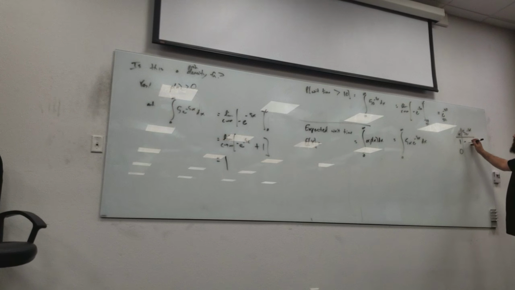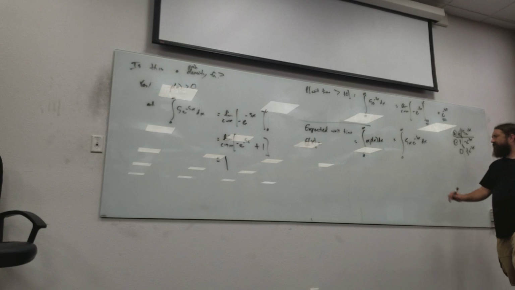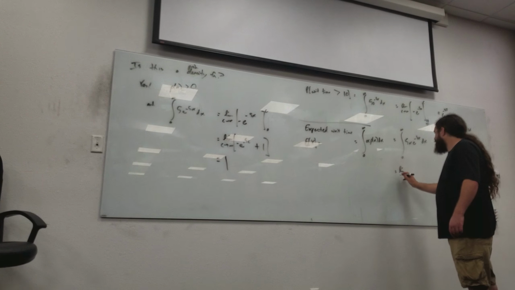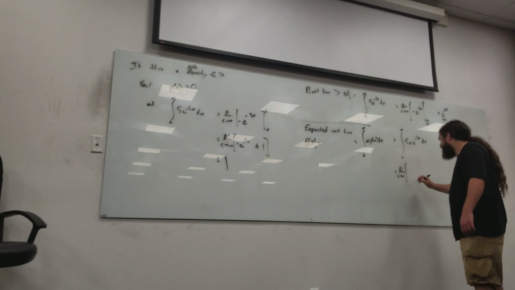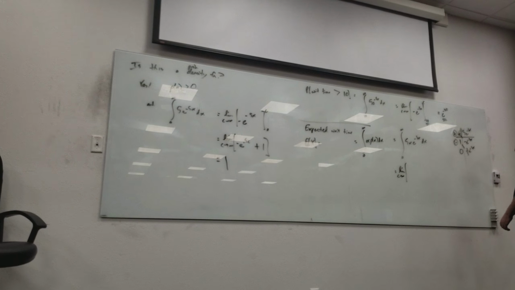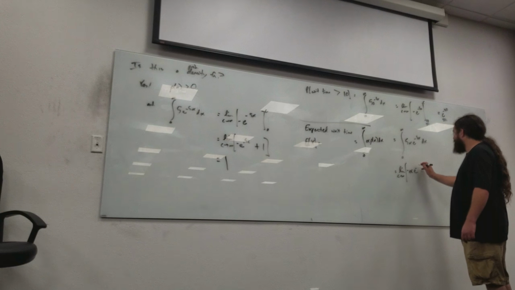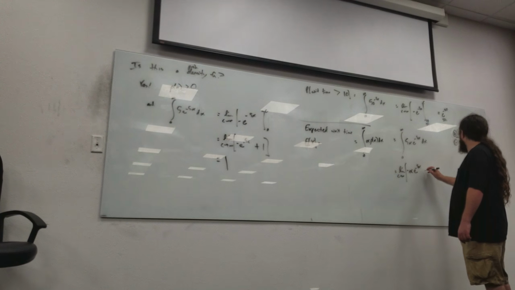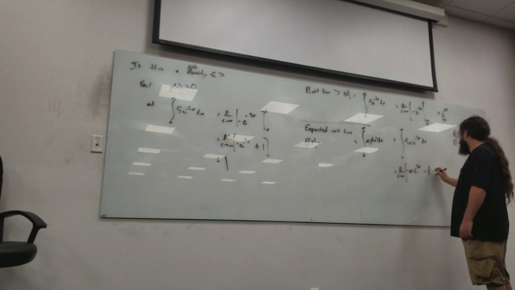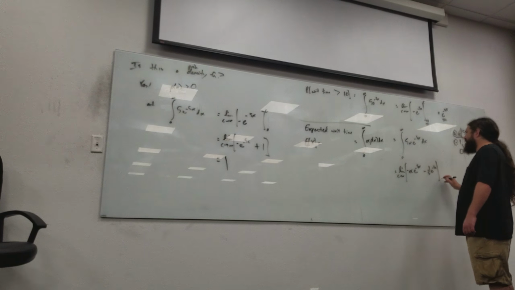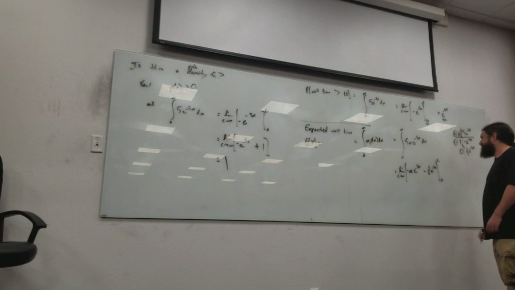So I'll have negative e to the negative 5x and 1/5 e to the negative 5x. Alternating signs. This is going to be the limit as c goes to infinity of negative x e to the negative 5x minus 1/5 e to the negative 5x.